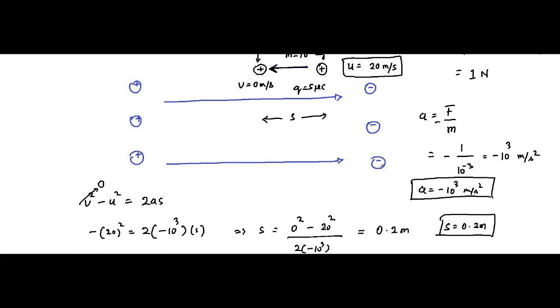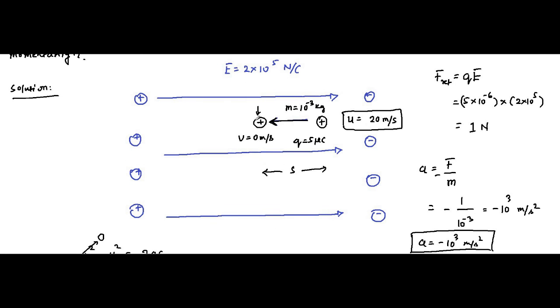Why has it been given that it comes to rest momentarily? Because once it comes to rest, again it starts moving under the influence of the electric field, because it will get repelled by the positive side and be drawn towards the negative side.